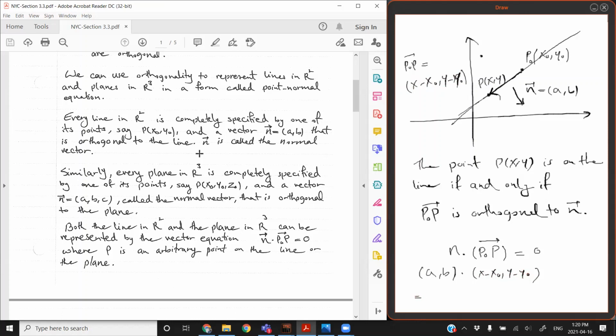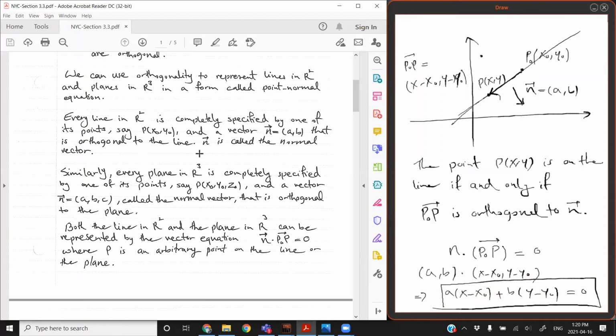If I do the dot product, I get a times (x minus x0) plus b times (y minus y0) equals 0. So what you see here, this equation, is the point normal equation of a line in R2.